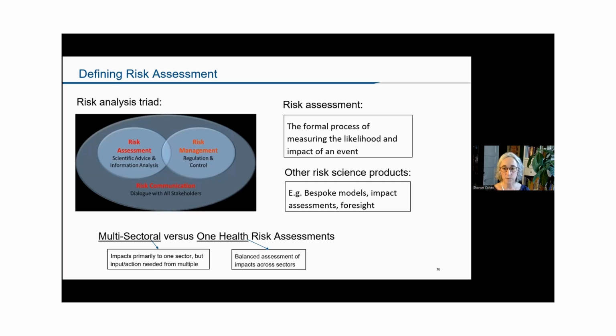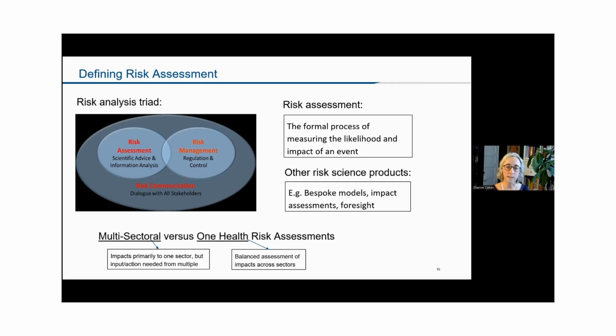defined is the difference between what we would call a One Health risk assessment, which would be a more balanced look at impacts across sectors. But you can also have what we're calling multi-sectoral risk assessments. And so these might impact primarily one sector, or be looking at the impacts primarily to one sector, but you still need input from multiple sectors, or perhaps the actions that come out of the risk assessment need multiple sectors.